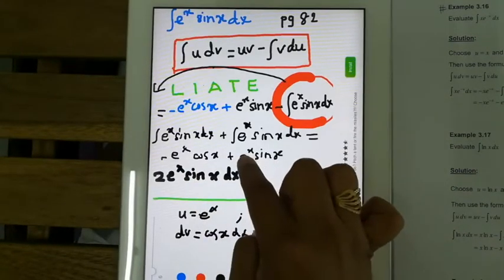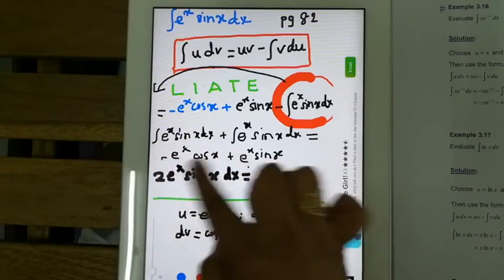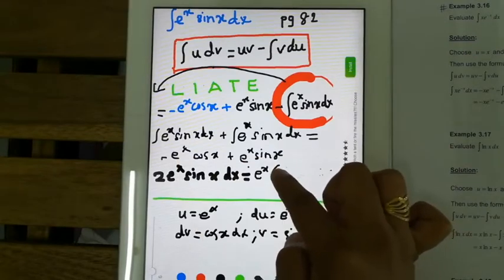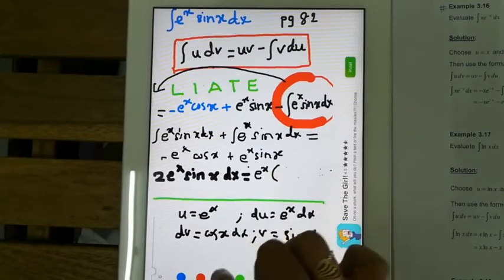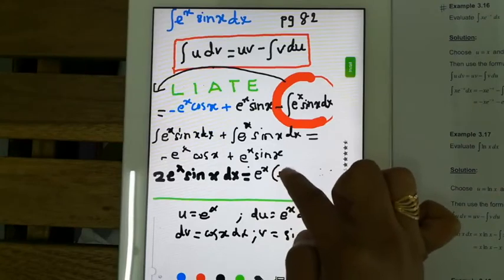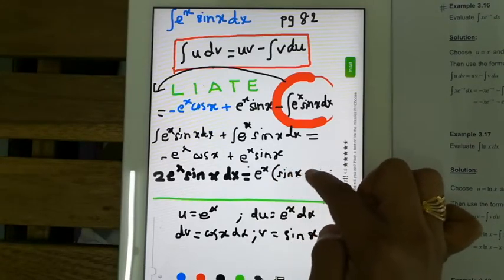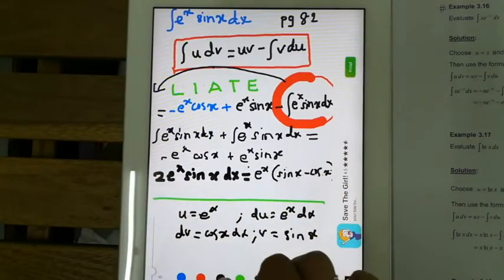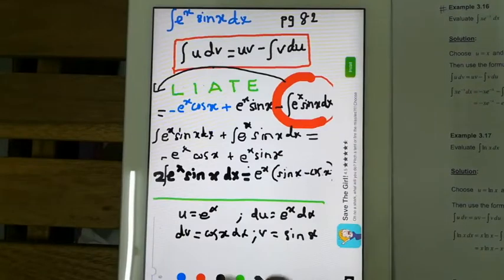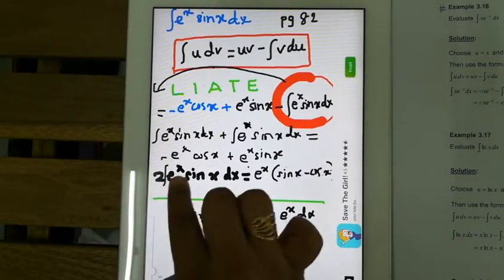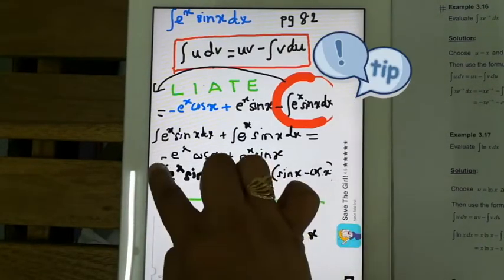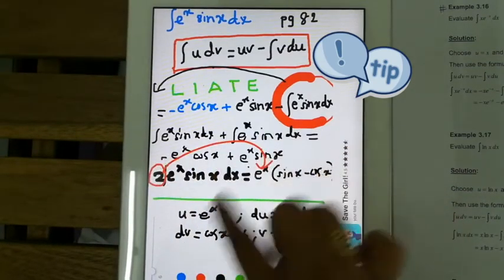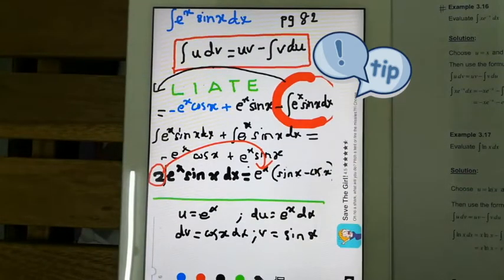I want to take out the same factor, which is e^x, so e^x times sine x minus cos x. I forgot this one. Your final answer: the next step is to bring the 2 to the other side, the right side.